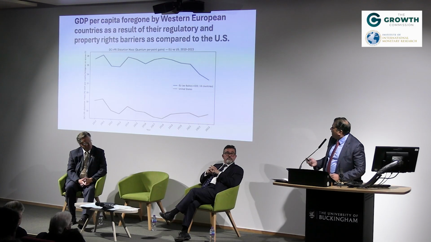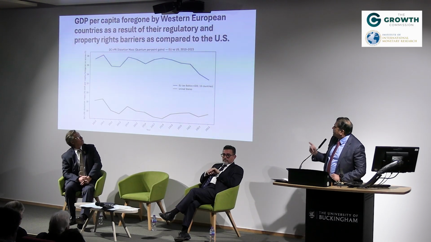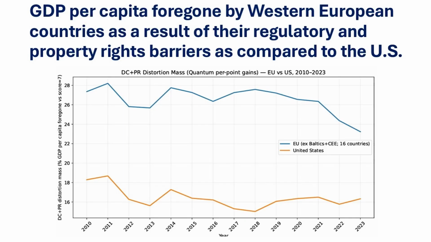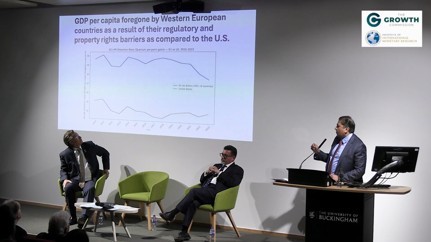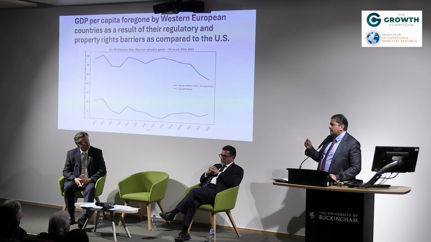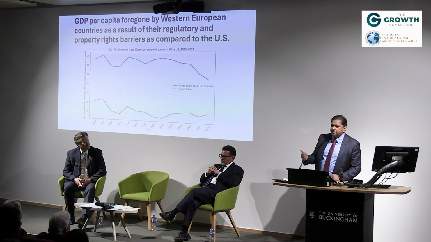I'm going to put this slide up. I'll have to explain this. So essentially what you have in the blue line there, what we've done is we've taken those economies that the UK likes to compare itself with, which is essentially the Western European economies.